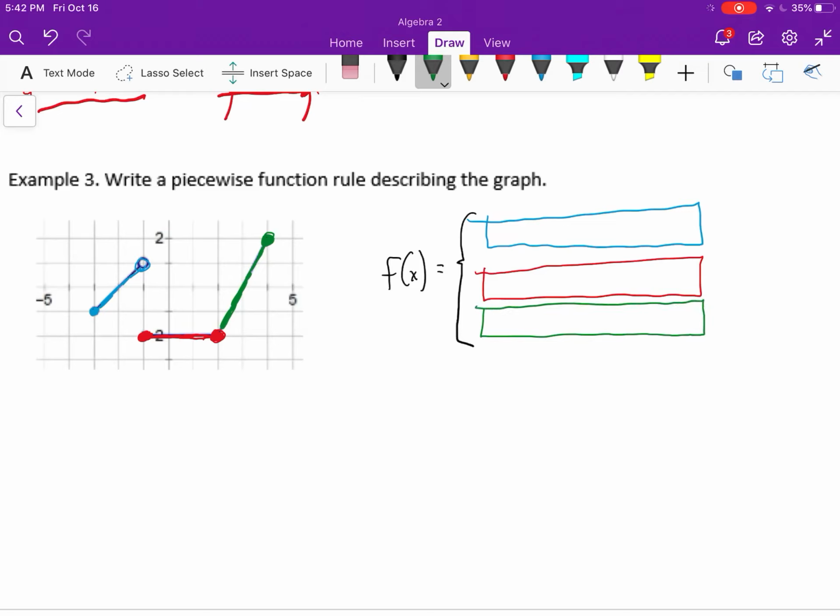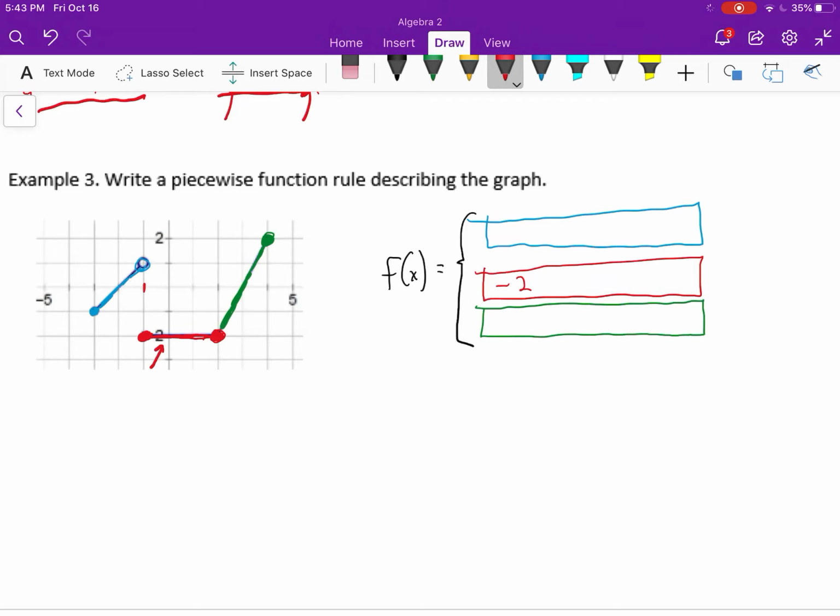And let's go ahead and look at these. I'm actually going to start with the red because that's the easiest. The red is a horizontal line. We know the horizontal line is just y equals or f of x equals just some number. And we see that, even though I wrote through it, it's at -2. So y equals or f of x equals -2. Well, when is it equal to -2?